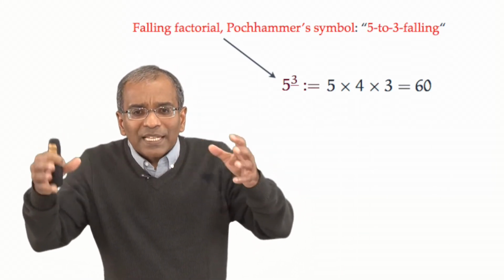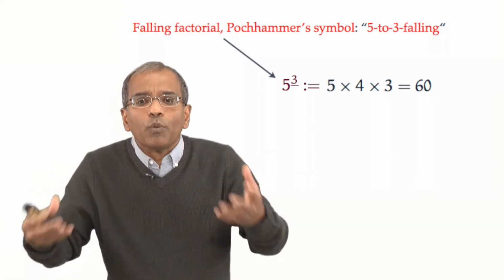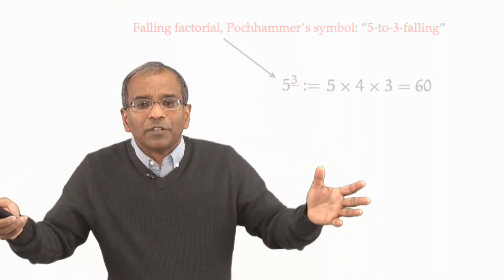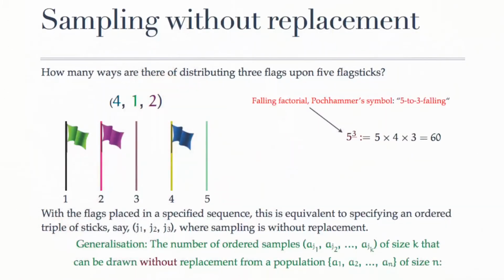Now, once we've got this basic idea in place, we jump forward and we generalize everything. So, consider a population now, a set of n objects. So these n objects represent your n urns, your n flagsticks, or what have you. You're going to select from them, but the selection is going to be without replacement. So let's say we select k objects without replacement.